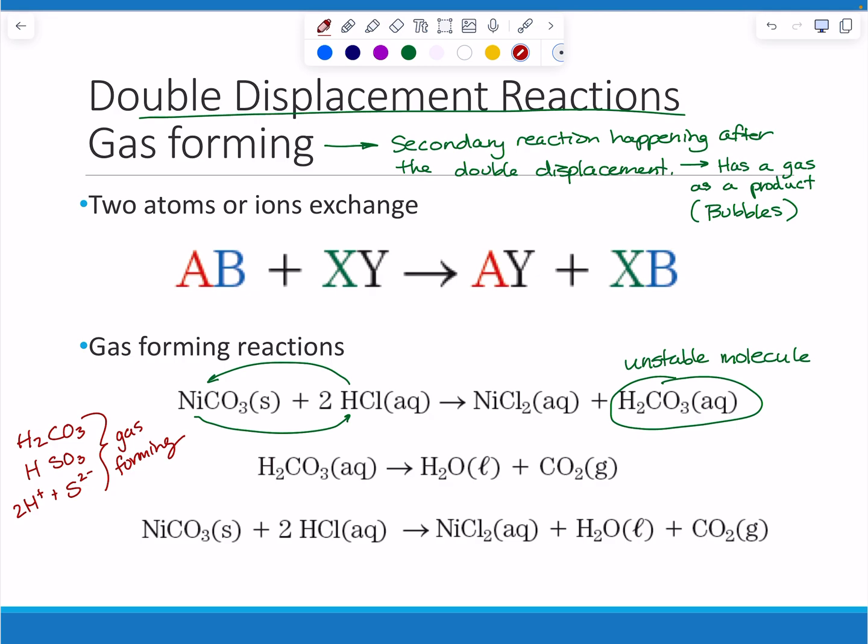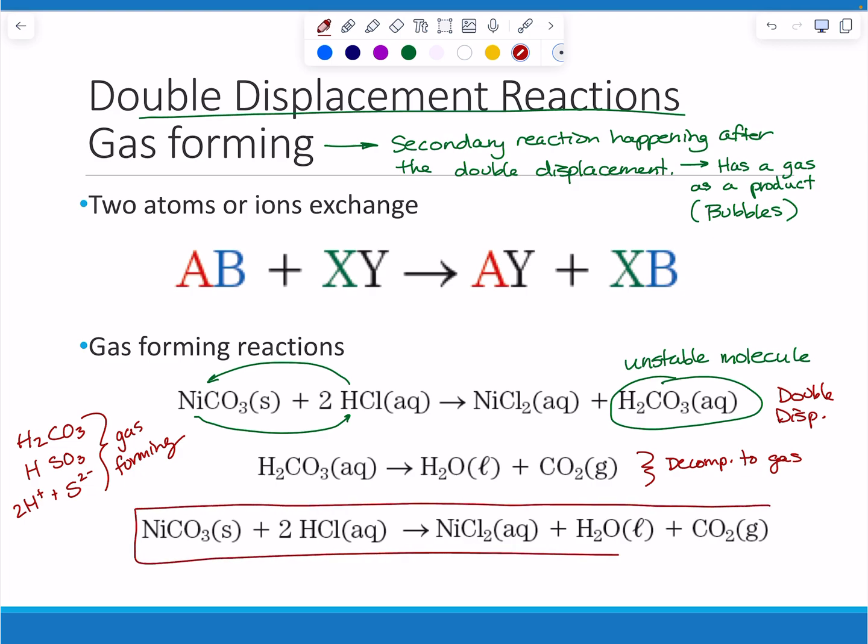So this is your double displacement, and this is your decomposition to gas. And so when we write the overall reaction, we combine these 2 processes, these 2 steps here, and we show what the actual products are.